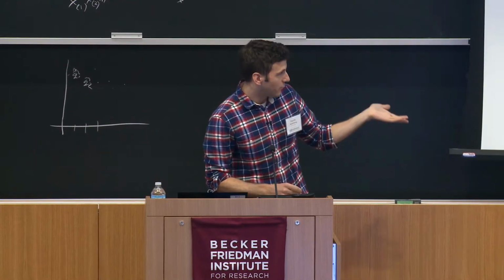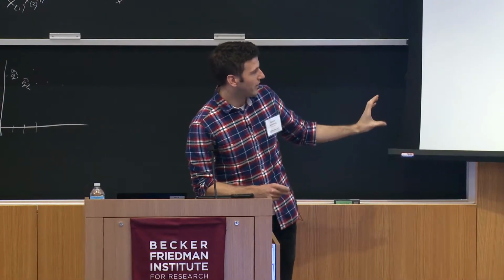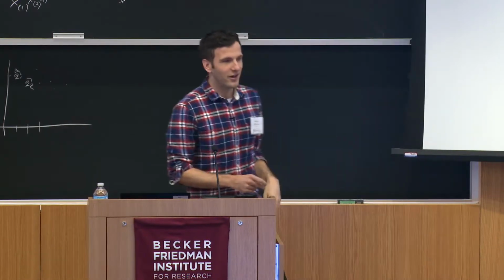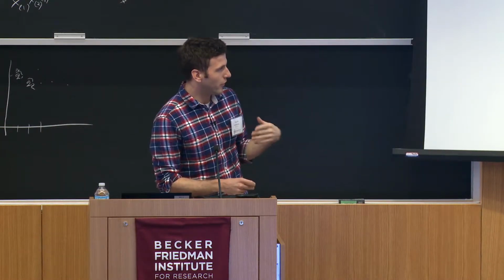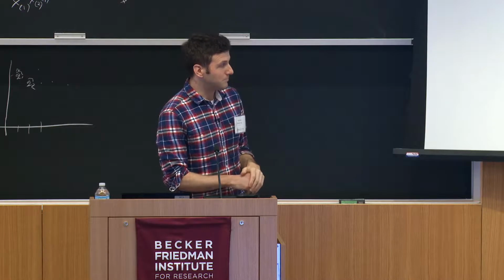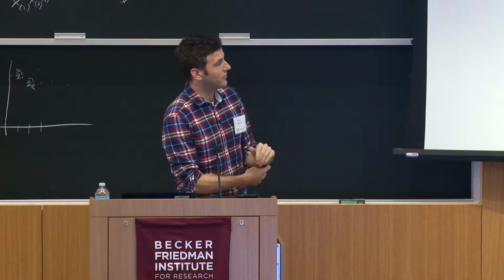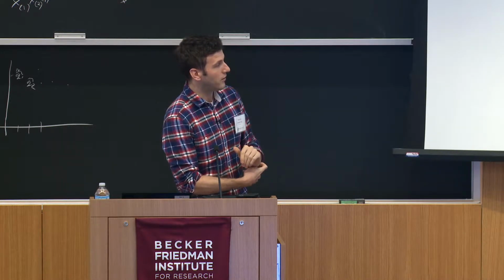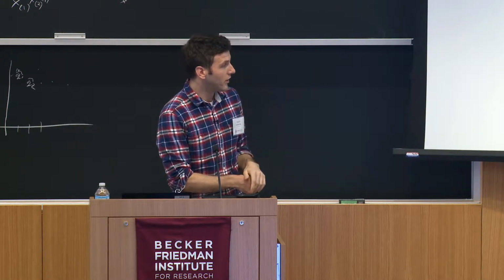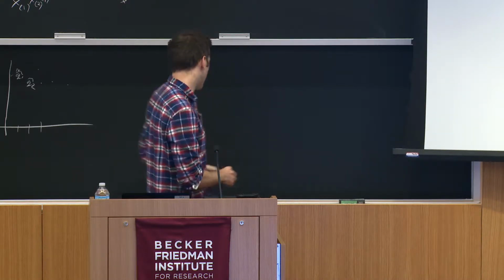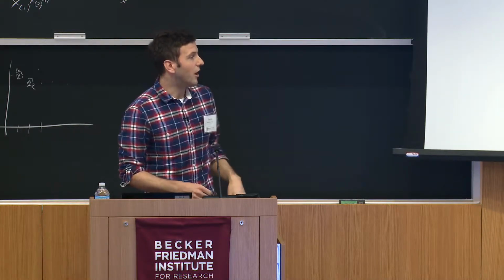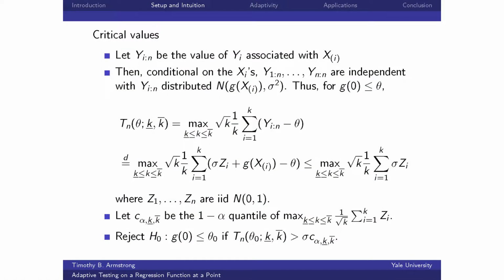Okay, so we just let c_alpha(k lower bar, k upper bar) be the 1 minus alpha quantile of this maximum of the normalized sample means of these IID normal 0, 1 random variables, and we just use sigma times that as our critical value.